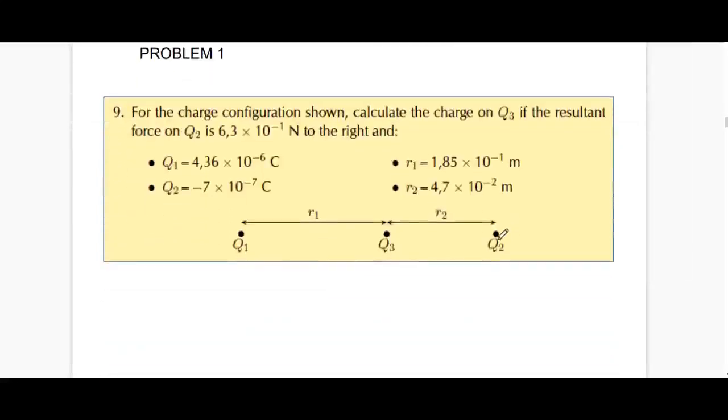Okay, so now let's do problem 1. It says: for the charge configuration shown, calculate the charge on Q3 if the resultant force on Q2 is 6.3 times 10 to the power minus 1 newtons to the right. Then they gave us the charges there and the distances. So let's repeat the question.